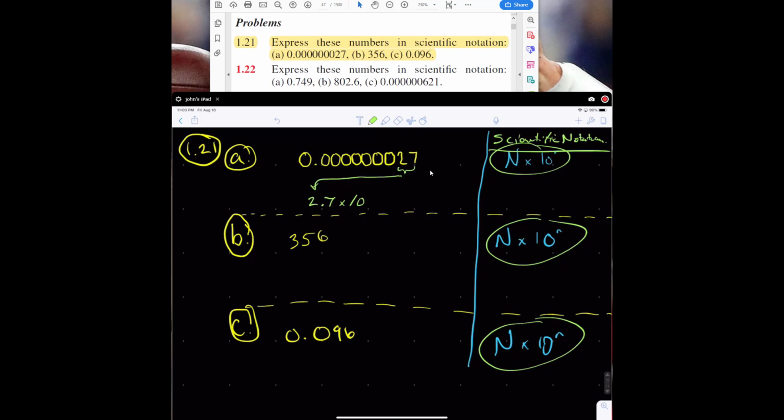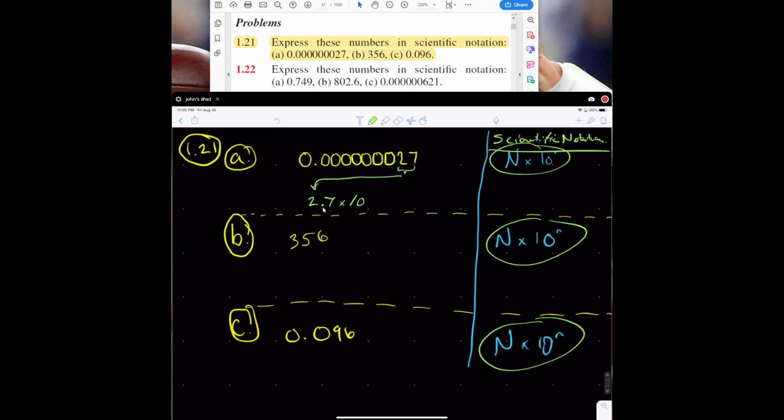It all depends on how you're looking at it, but we have 2.7 and we want to make this 2.7 times 10 to an exponent that will resemble this. We have to remember, when we're going to the left, it's going to be negative. If we were going to move the decimal of the 2.7 to the right, it would be a positive exponent.